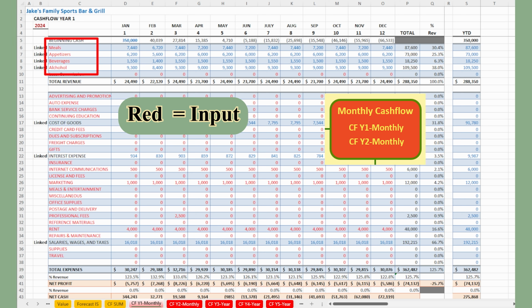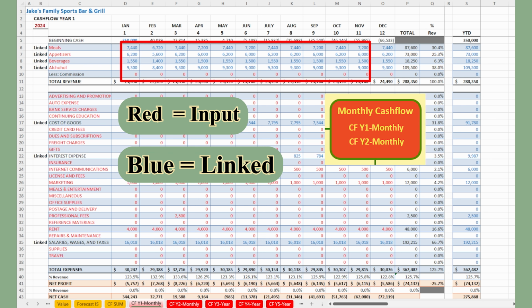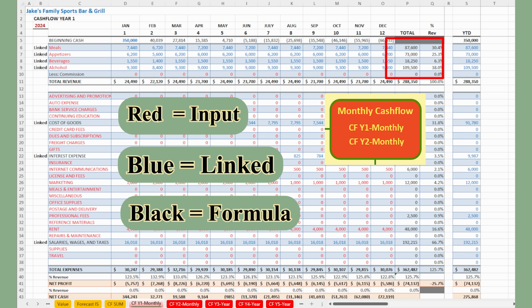Red means you can enter data in these cells. Blue means the cell is linked to another cell somewhere else in the file. And black generally means there is a formula in the cell. So be mindful. Only enter information in red cells.